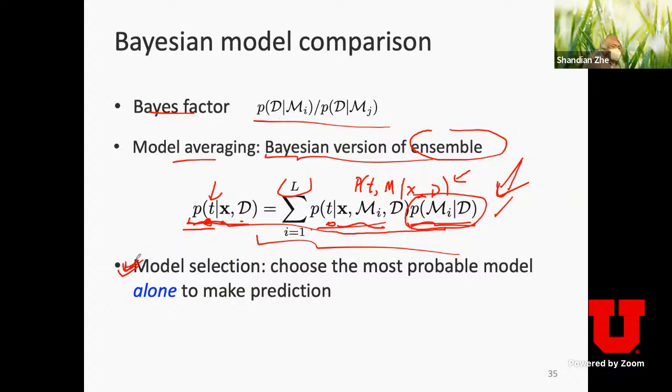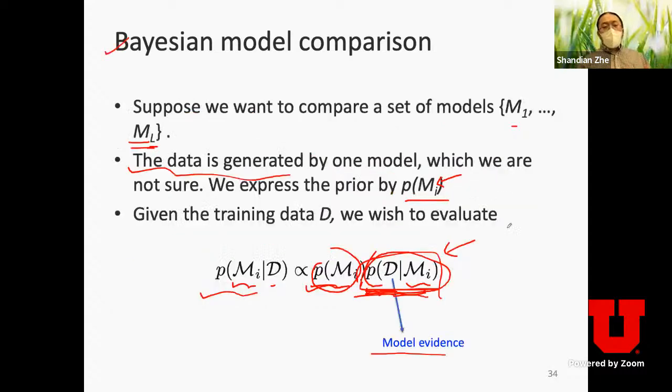If we assume your prior preferences over the models are equal for each particular model, then the remaining thing is just to maximize the so-called model evidence. And we will see that maximizing model evidence relates to the so-called type 2 maximum likelihood estimation, or empirical Bayes.